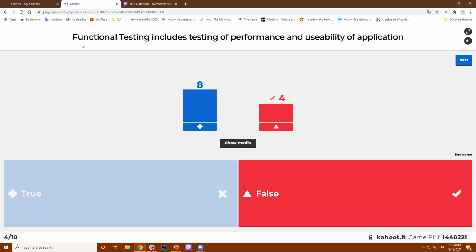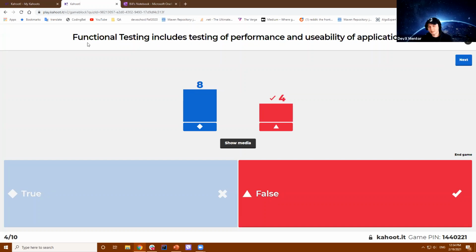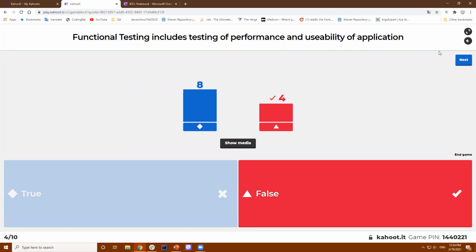Can you explain a little bit? Yeah, we talked about different types of black box testing, functional testing and non-functional testing. In functional testing, we test our input, output, and behavior. In non-functional testing, we test performance and usability of our application. Got it.